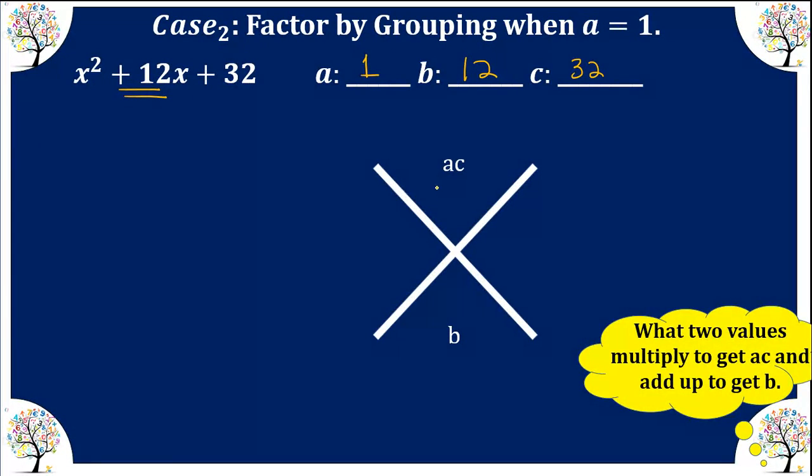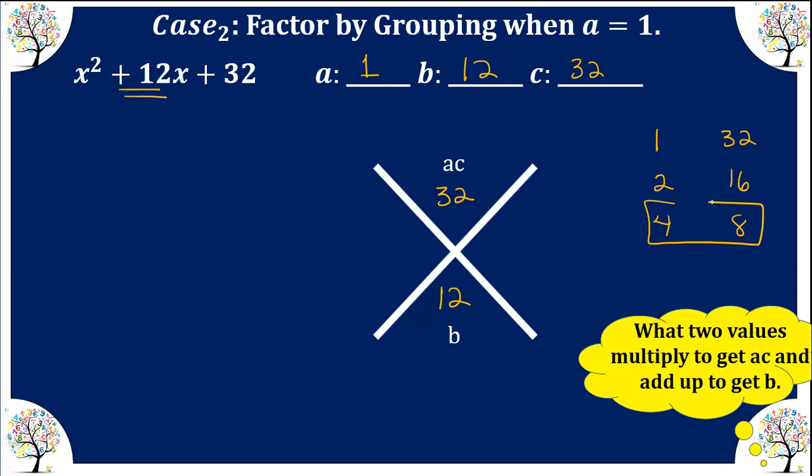A times C goes on top. The coefficient of my linear term is 12. So we are looking for what multiplies to give us 32 that adds up to give us 12.